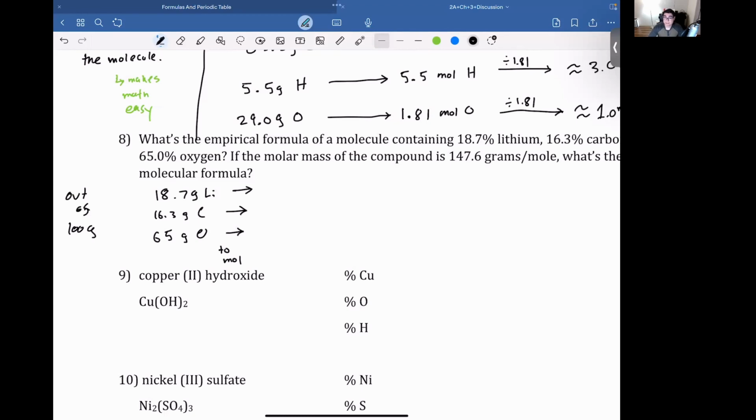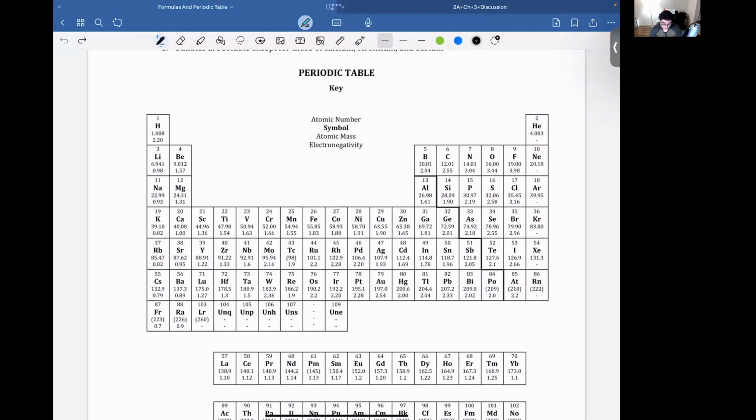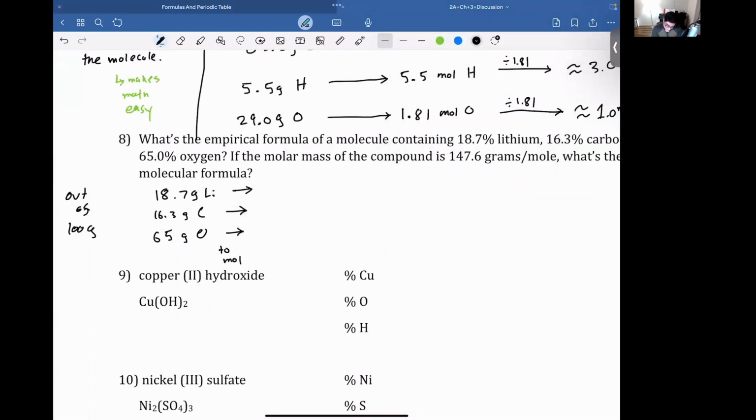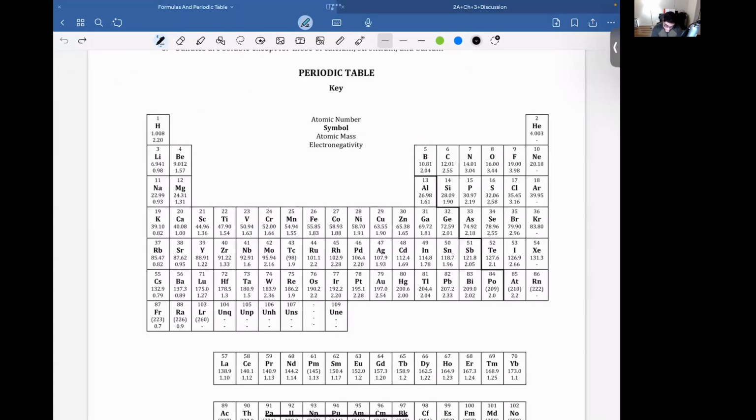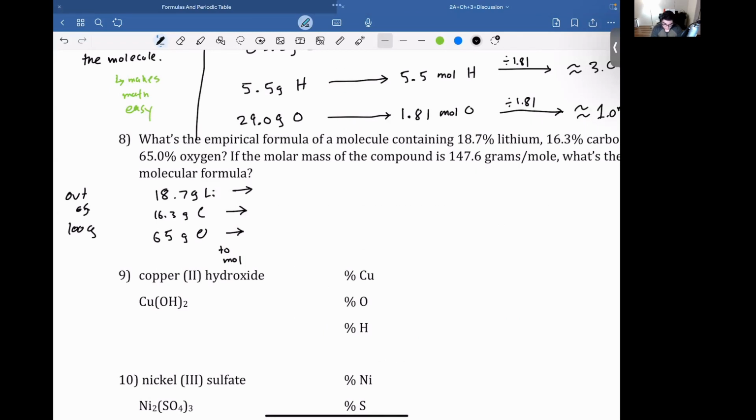Divide by the molar mass. Lithium has a molar mass of 6.941. What was it? 18.7. So 18.7 divided by 6.941. That's 2.0. I'm just going to leave it like that. Moles of lithium out of 100 grams.